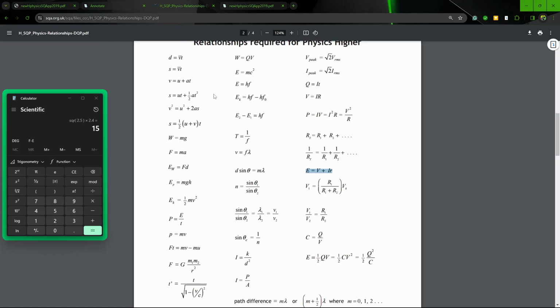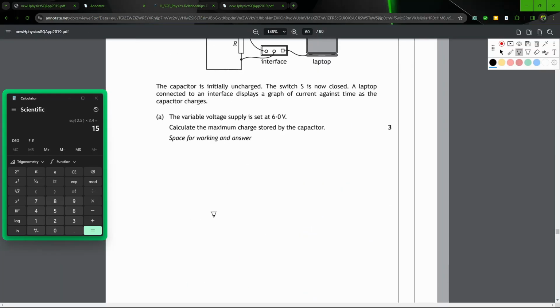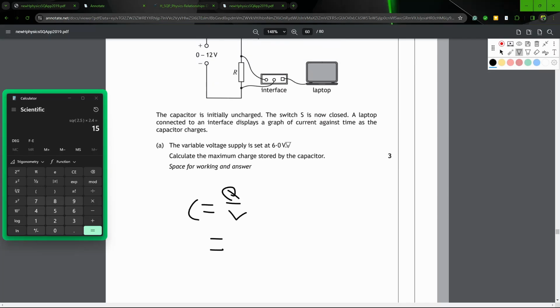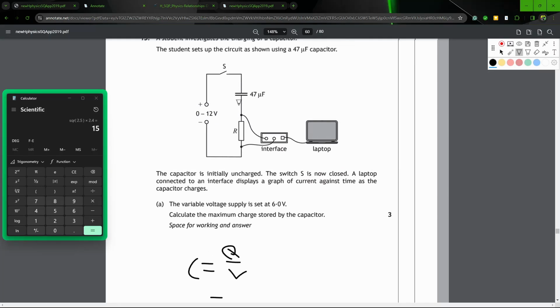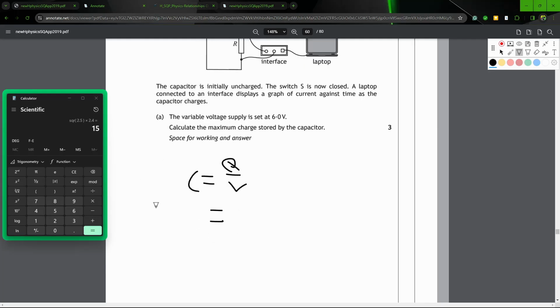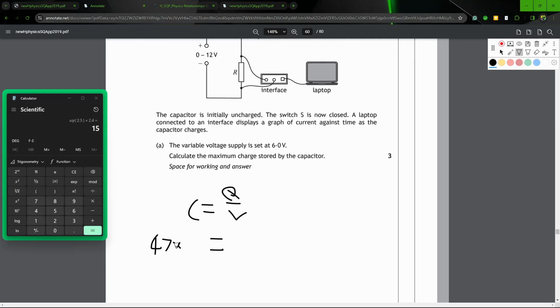Well, let's hop into the relationship sheet, and oh, here we go. C equals Q over V. So Q is charge, so that's what we want to figure out. But we know capacitance and voltage is 6.